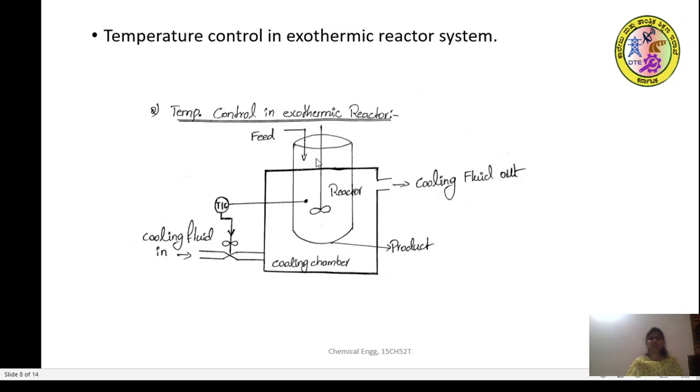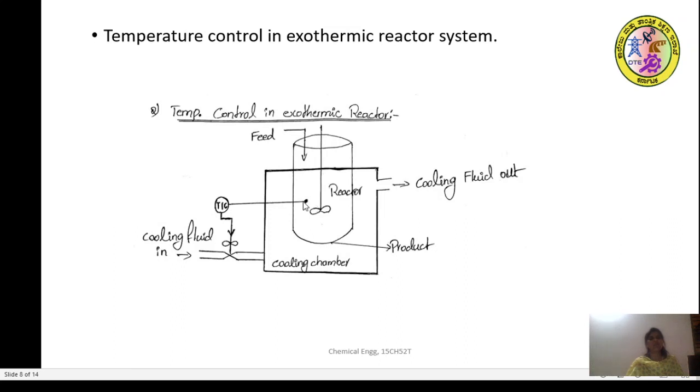And the reaction which is going on in the reactor is an exothermic reaction, where the heat is being released. So whatever heat is being generated will be measured by the temperature instrument controller, the temperature indicating controller, which measures the temperature inside the reactor.